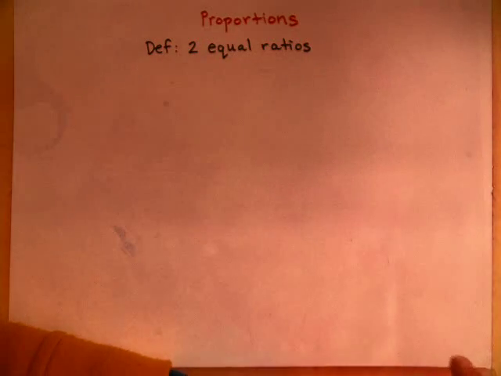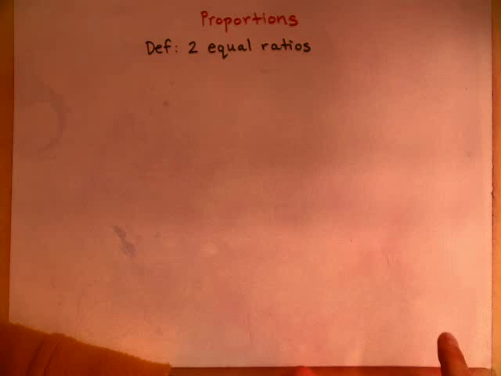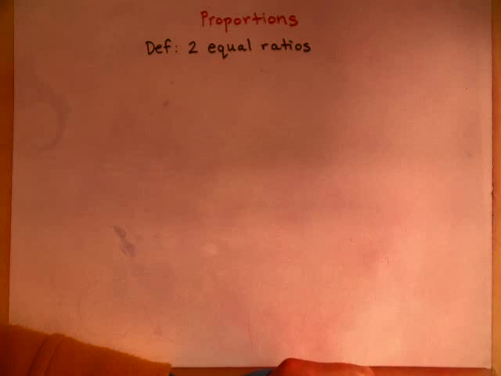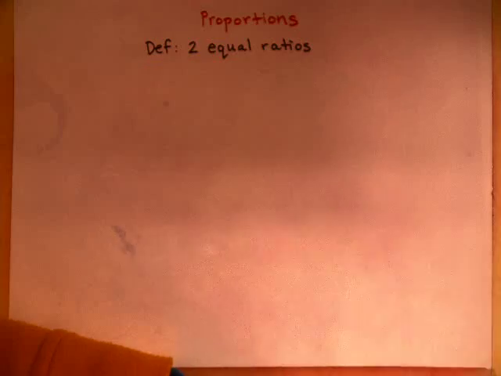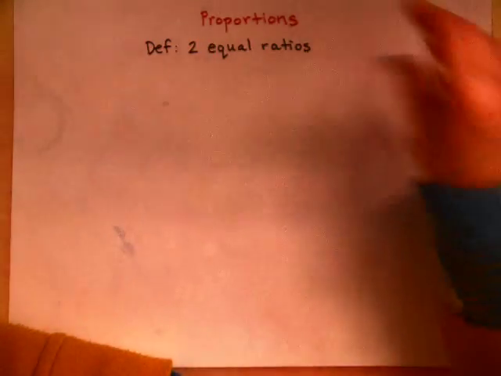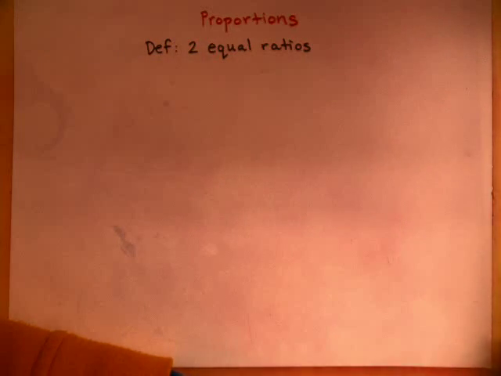One of the things that we would use proportions for is modifying recipes. We did that with the rice pudding. Another thing you can use proportions for is drawing something to scale. Let's say you wanted to draw a scale model of the solar system.